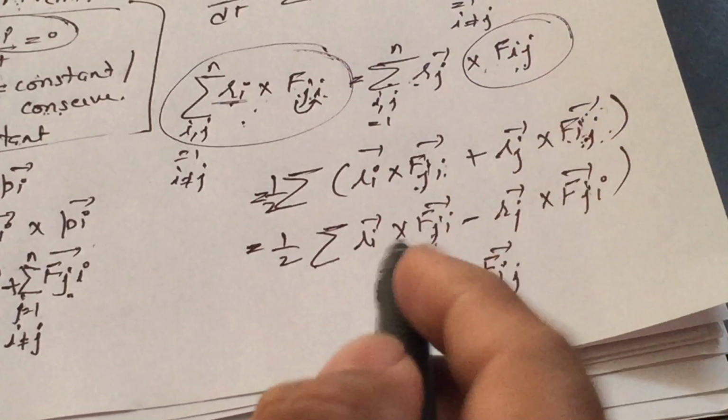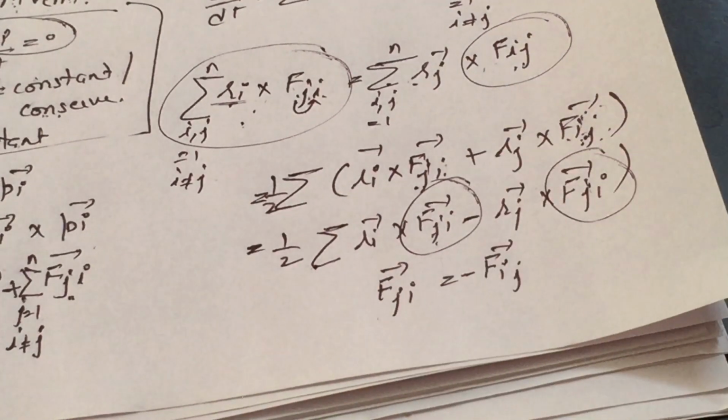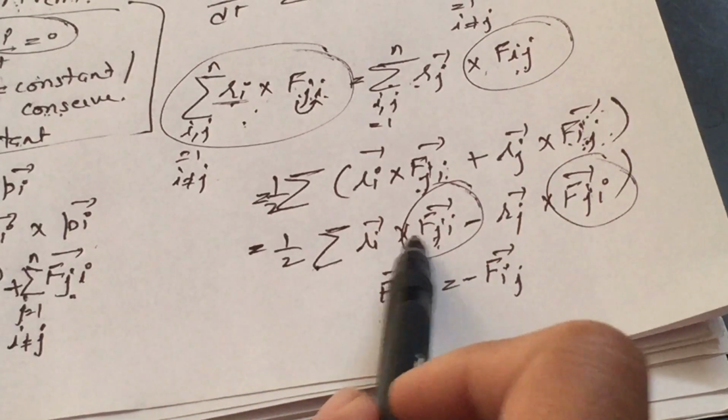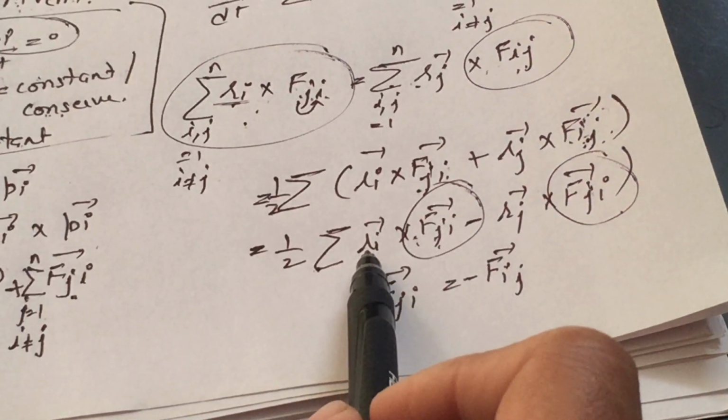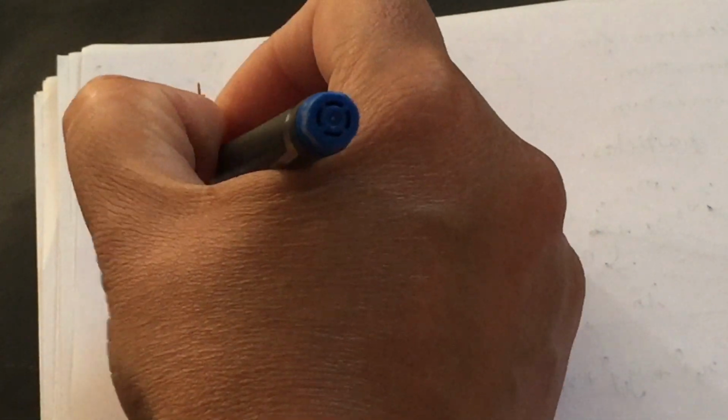From this expression, we take fji as common. If we take fji common, we have the ri position vector minus the rj position vector. Now we will expand what this ri and rj position vector indicate in this expression. Let us consider the whole system, but now we are only considering the ith and the jth particle.